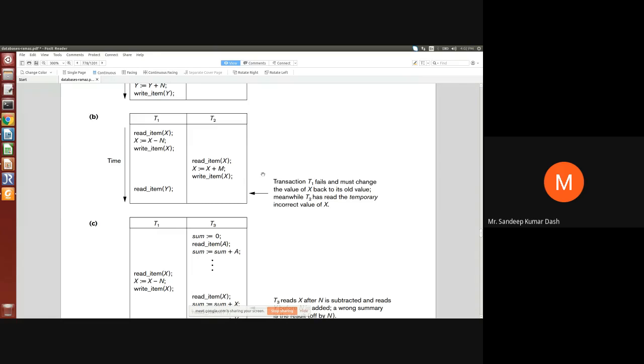So in order to avoid that, if you apply a lock on write item X and you unlock X at the end of this transaction, then whenever it fails, no other transaction would have read this data item X, because it had acquired a write lock.